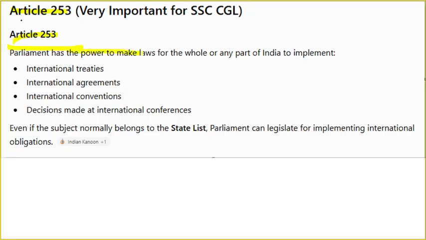Parliament has the power to make laws for the whole or any part of India to implement international treaties, international agreements, international conventions, decisions made at international conferences. Even if the subject normally belongs to the state list, Parliament can legislate for implementing international obligations.